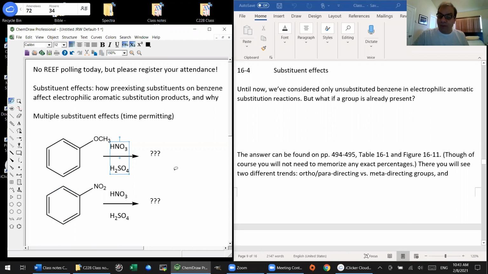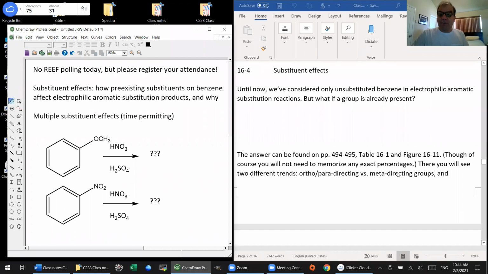And so what you first of all need to know is whether any given group is ortho-para directing or meta directing. And then there's also this issue of activating versus deactivating, for which, by the way, there's a lot of overlap. There's only one kind of weird one that's right in the middle. Essentially, all ortho-para directing groups are going to be activating, meaning they make the reaction faster, other things being equal.